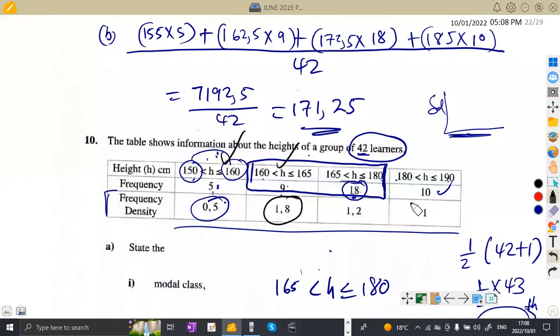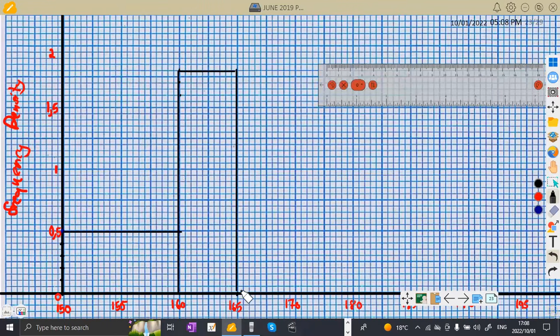All right, so the other one is 165 now to 180 versus 1.2. Okay, 165 to 180. So this is our 165, this is our 180 here versus 1.2. So 1.2, remember we said two boxes represent 0.1. So this is going to be 1.1 after two boxes, 1.2.